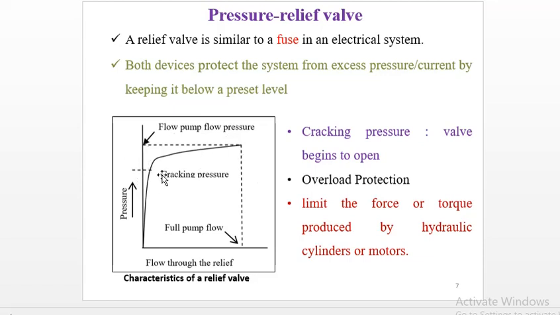So the cracking pressure is the point where the valve begins to open to the tank, and to limit the force or torque produced by the hydraulic cylinder or motor in a hydraulic system.